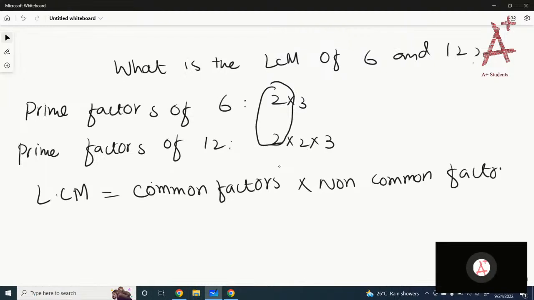The common factor is 2, and the non-common are the other numbers, 3 times 2 times 3. Just multiply all the numbers. 2 times 2 is 4, 4 times 3 is 12, and 12 times 3 is 36.